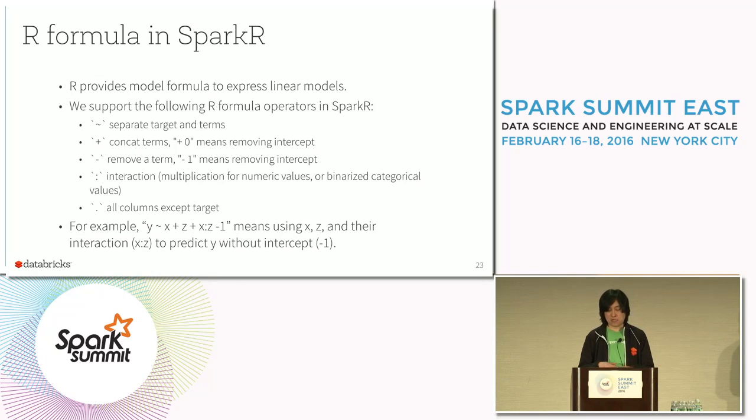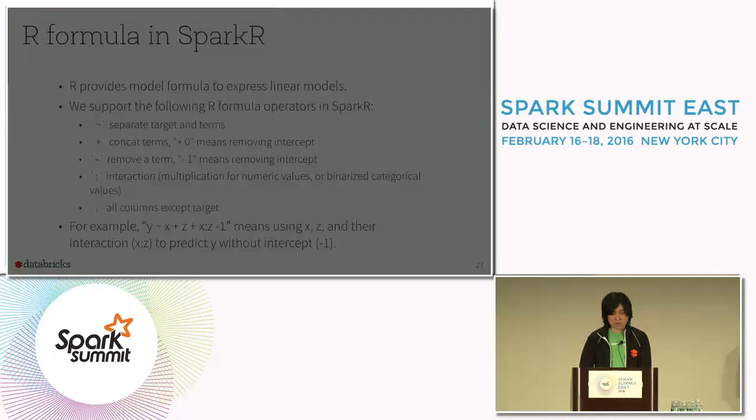We support some common R formula operators in SparkR, like interactions, plus or minus, and dot. The good thing about this is we implemented the parser in Scala, so it's very easy for us to make this feature available to all language APIs: Python, Java, and R.